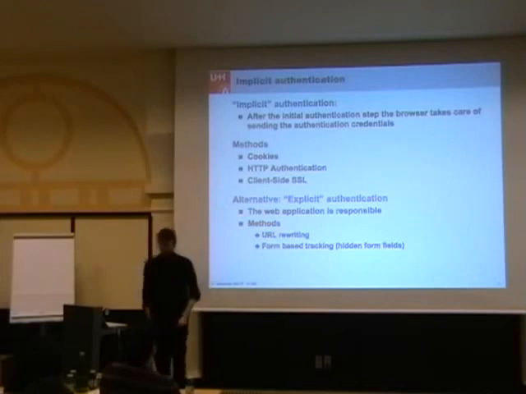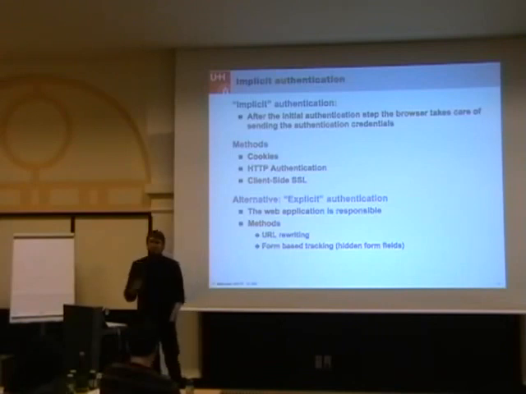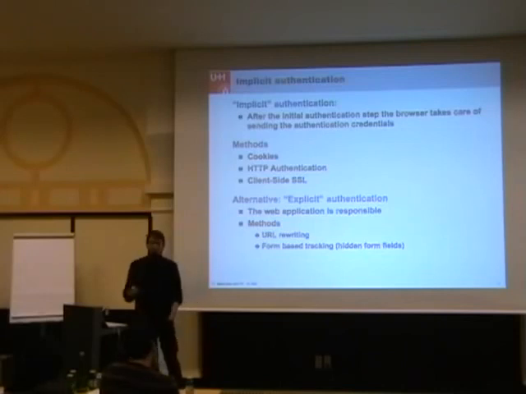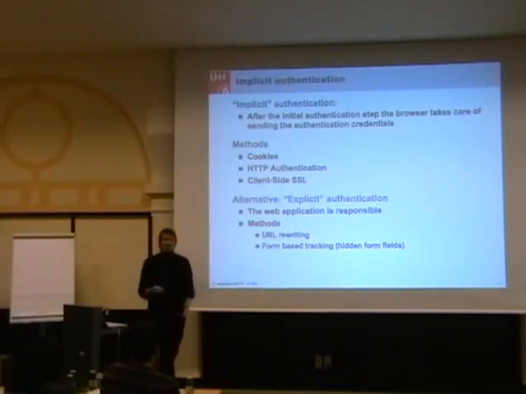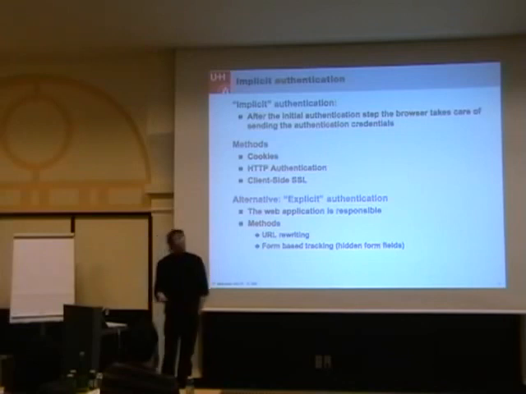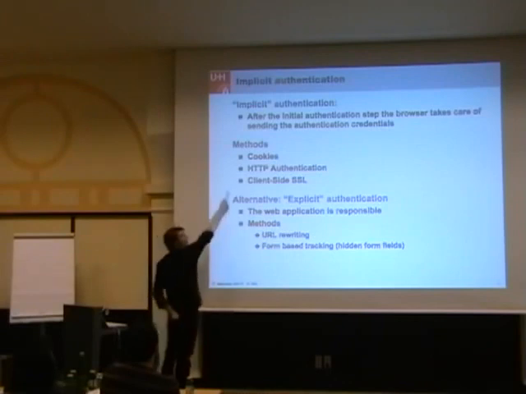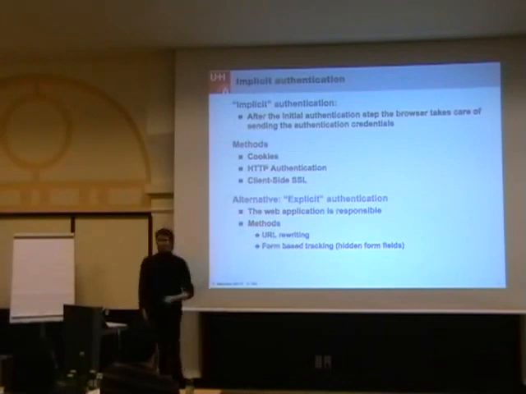Implicit authentication denotes all authentication tracking mechanisms where the web browser is taking care of communicating the session identifier or the authentication credential without further interaction by the user and without further explicit actions by the web application. So methods in this class are cookies, HTTP authentication, client-side SSL. And if you look at that, those are the 3 dominating ways to do authentication tracking in web application.